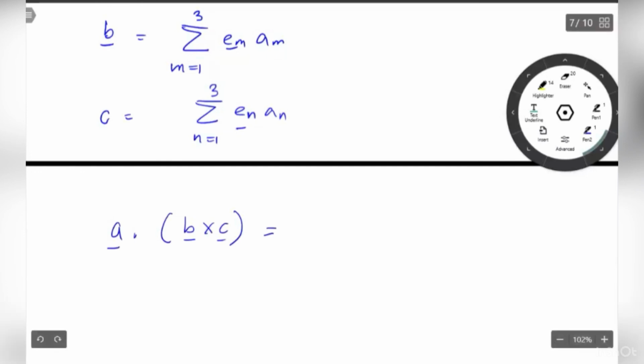First thing, it will give us a scalar. You can see that b cross c is a vector. a dot another vector will give you a scalar. So finally, this should give you a scalar. So try to find it. If you do it correctly, you will get something like this. I am writing it in summation: the summation over l, m, n equals 1 to 3 of al bm cn epsilon lmn. You can try to find this in summation and expand it.